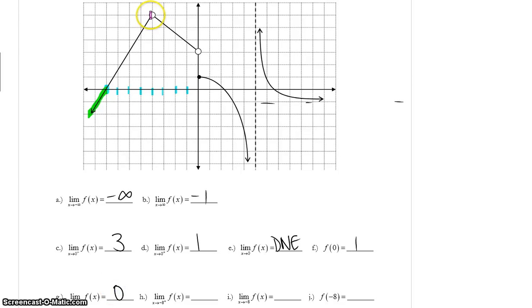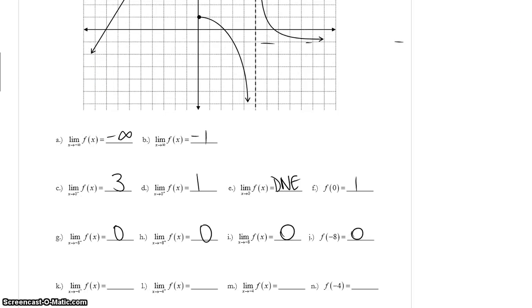And from the right, again, it approaches 0. And when our left-hand and right-hand limit are the same, then the limit at that value is also that number. So f of negative 8 is also 0. Just because there's no circle there doesn't mean it does not exist. As long as it's not an open circle, that value exists.